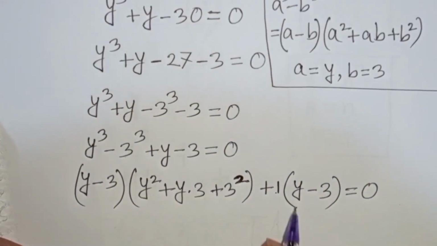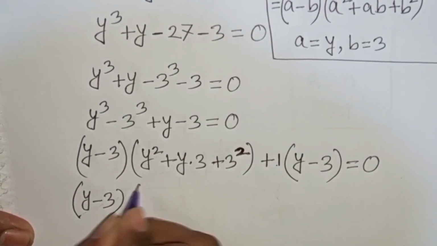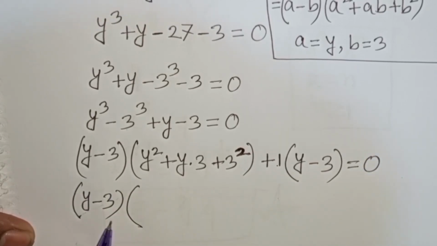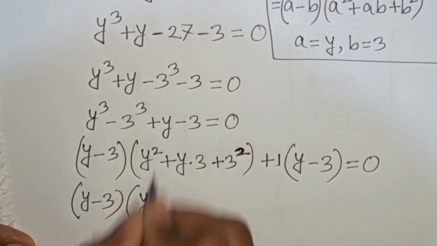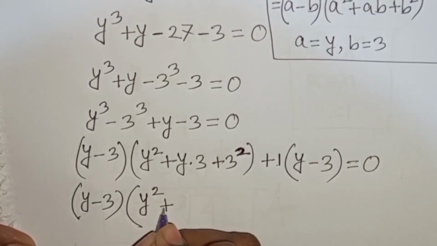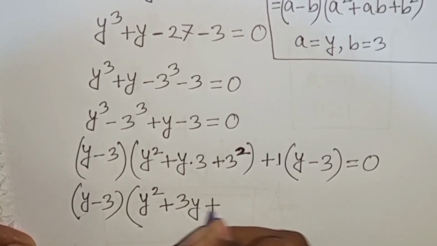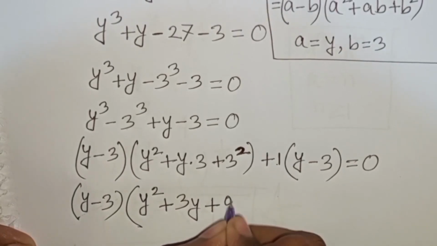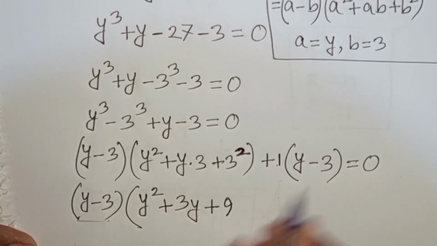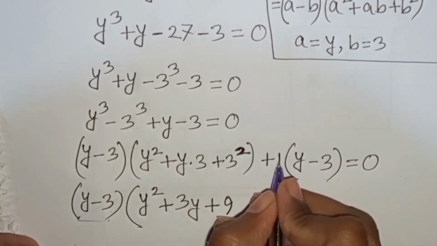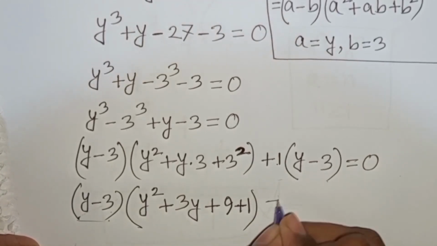Now we see y minus 3 is common, so take common (y minus 3) out of this bracket, so this divided by this, that means y minus 3 will be cancelled. So we have y square plus y times 3, that means 3y, plus 3 square is the same as 9, then this divided by this, that means this y minus 3 will be cancelled, so here plus 1, then bracket close is equal to 0.